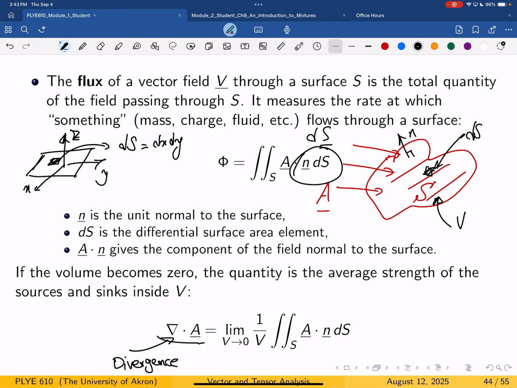Okay, so what is the divergence of A here? If A is A1 i plus A2 j plus A3 k, the divergence of A is going to be d/dx_i of A_i. That's the divergence of A. Einstein summation.